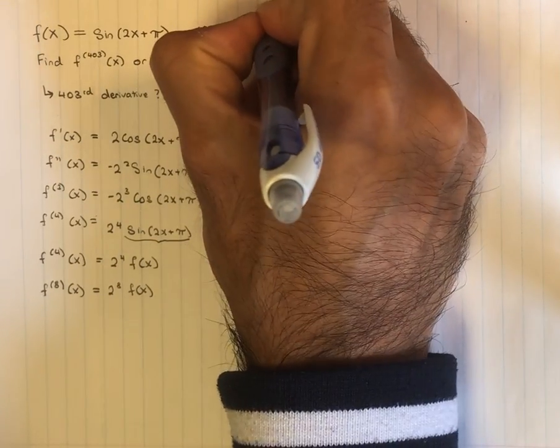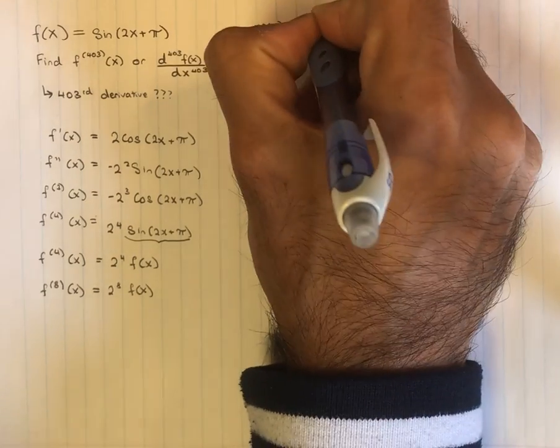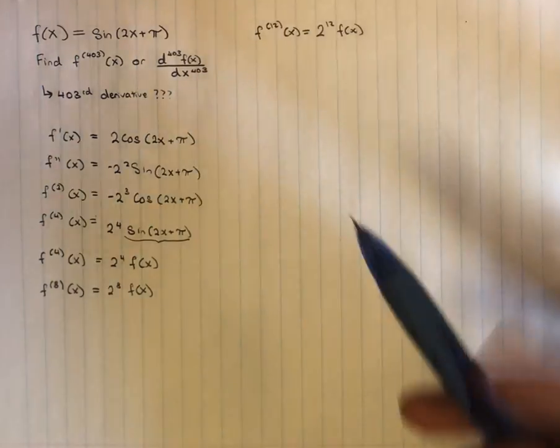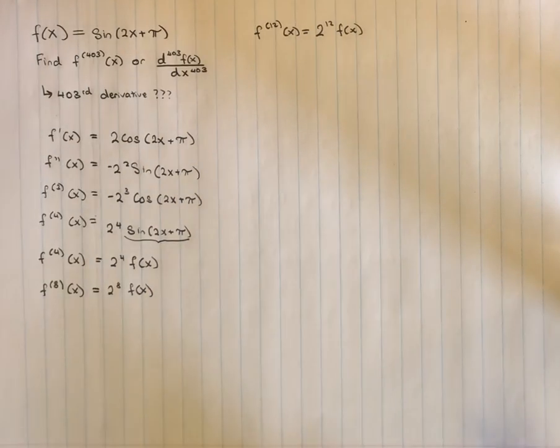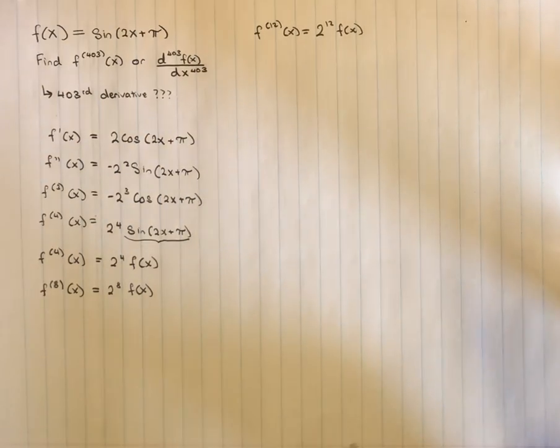We could have done f of 12 is equal to 2 to the power of 12 times f of x. And we can just keep taking this derivative again and again. So the goal here would be to spot a pattern, which we can then apply for however many derivatives we want.